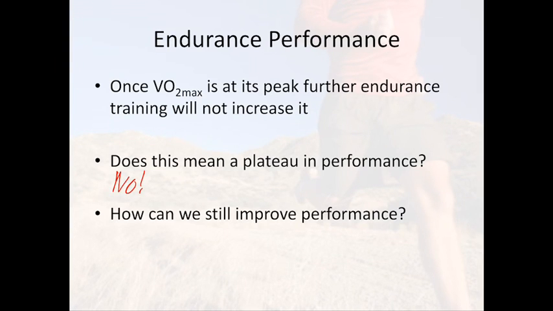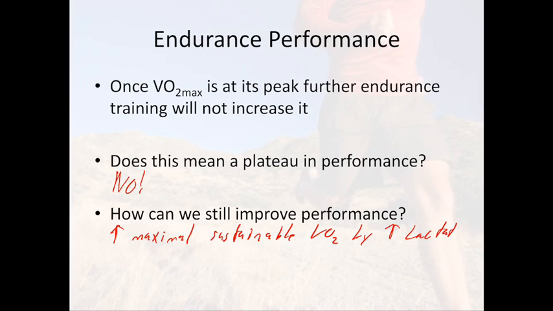It does not mean a plateau in performance because we can still increase maximal sustainable VO2 by increasing lactate threshold, which is going to help us increase our race pace, all without an increase in VO2 max.